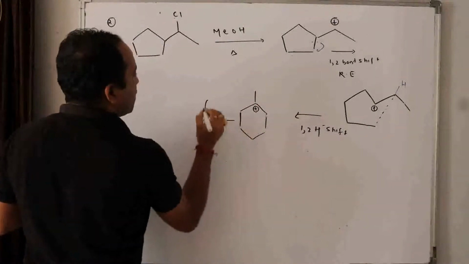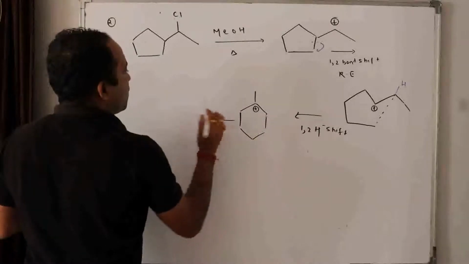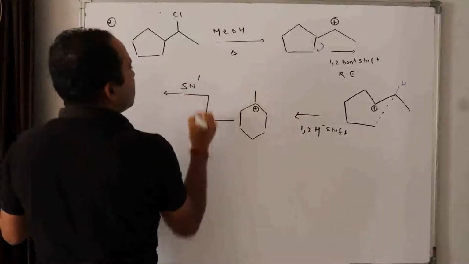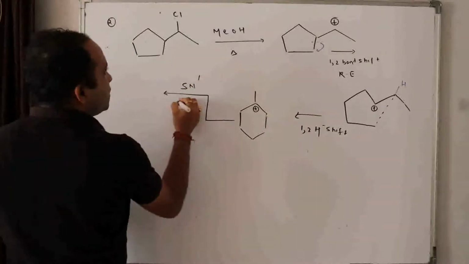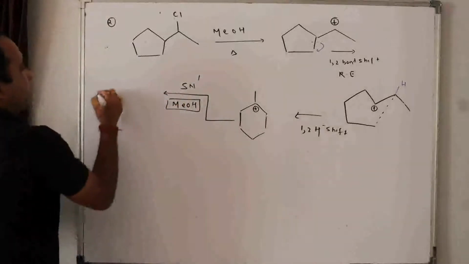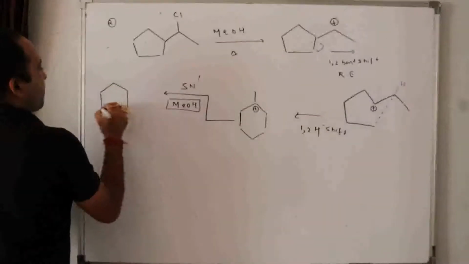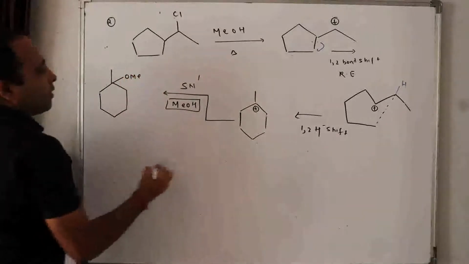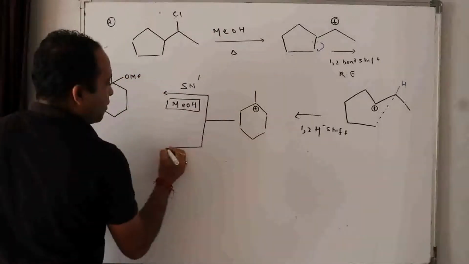First of all, SN1. In SN1, if I use here MeOH, a weak nucleophile, what will the product be? OMe.